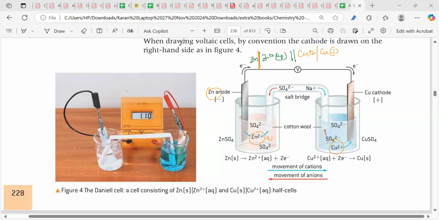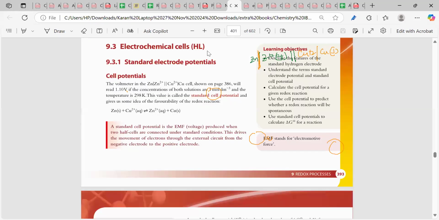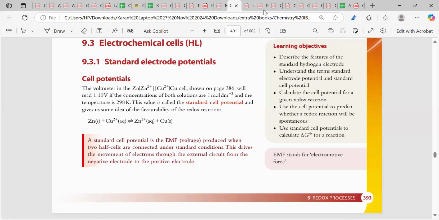Now we understand a very important part, which is called the standard cell potential, right? What do you mean by standard cell potential? Standard cell potential is the amount of voltage produced when two half cells are joined together.